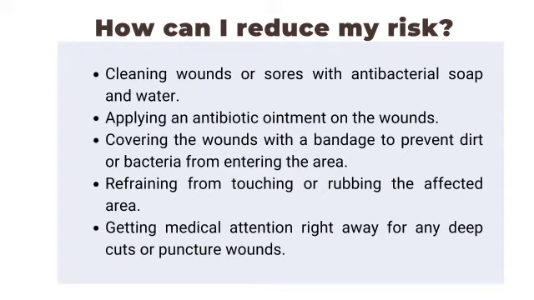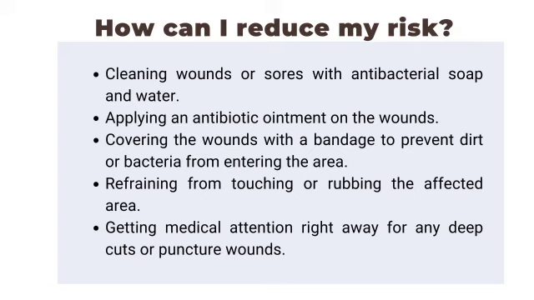The last part is about how we can reduce the risk. So we can reduce the risk of developing cellulitis by cleaning wounds or sores with antibacterial soap and water.